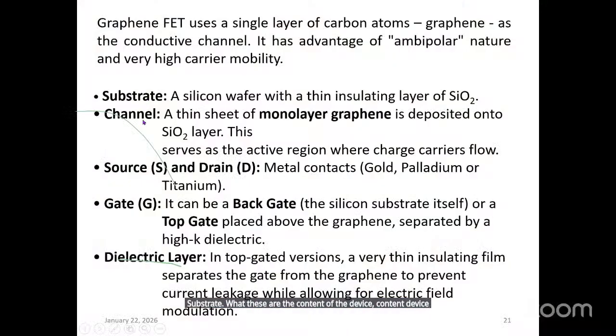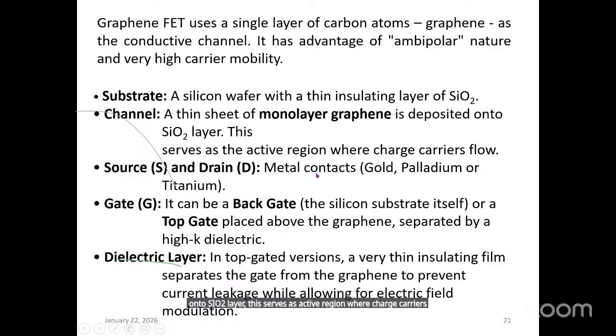What are the contents of the device? The device has a substrate, channel, source and drain terminals, gate, and dielectric layer. Substrate is a silicon wafer with a thin insulating layer of SiO2. Channel is made up of graphene on the SiO2 layer. This serves as the active region where charge carriers flow.